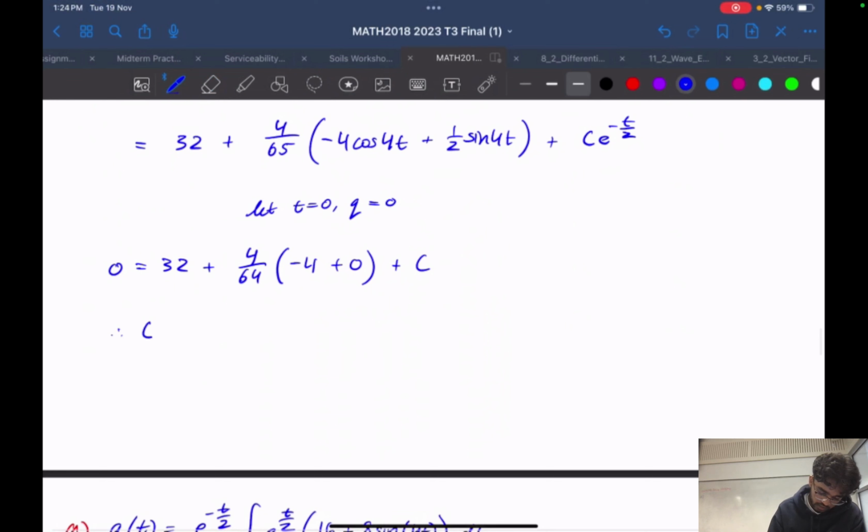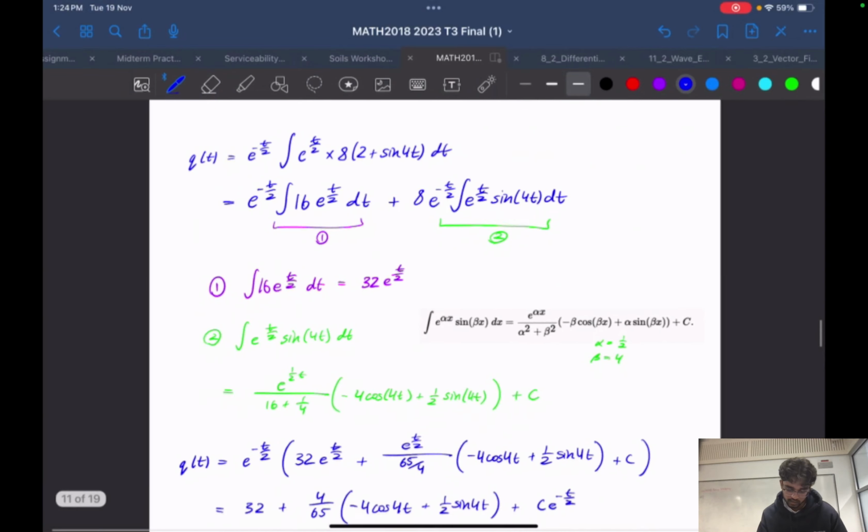And therefore c we get to be minus 16 over 64 plus 32, minus 127 over 4.